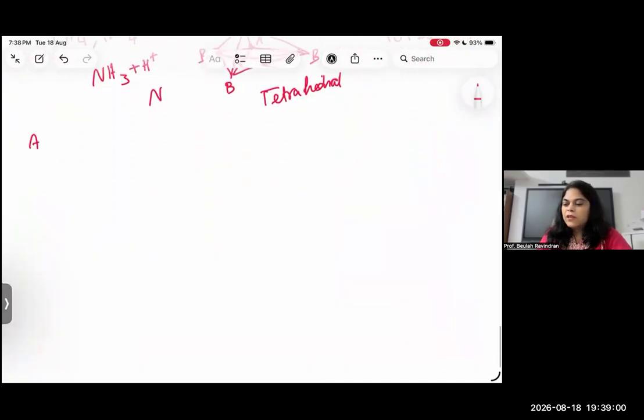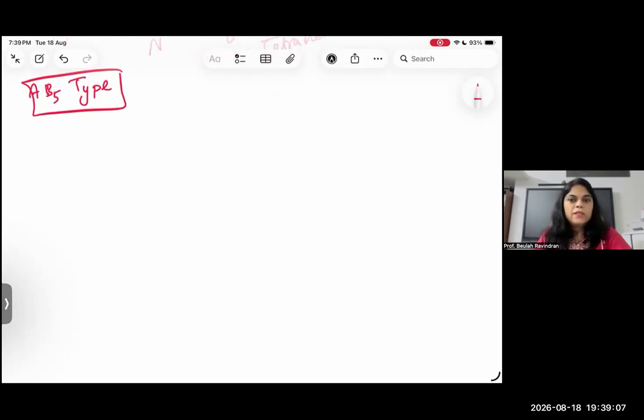AB5. Okay. So in this AB5 type, five VSEPs, to reduce the repulsion, are arranged at the five corners. So in order to reduce its own repulsion, the molecules are arranged in such a way. It is arranged at the five corners of a trigonal bipyramid.